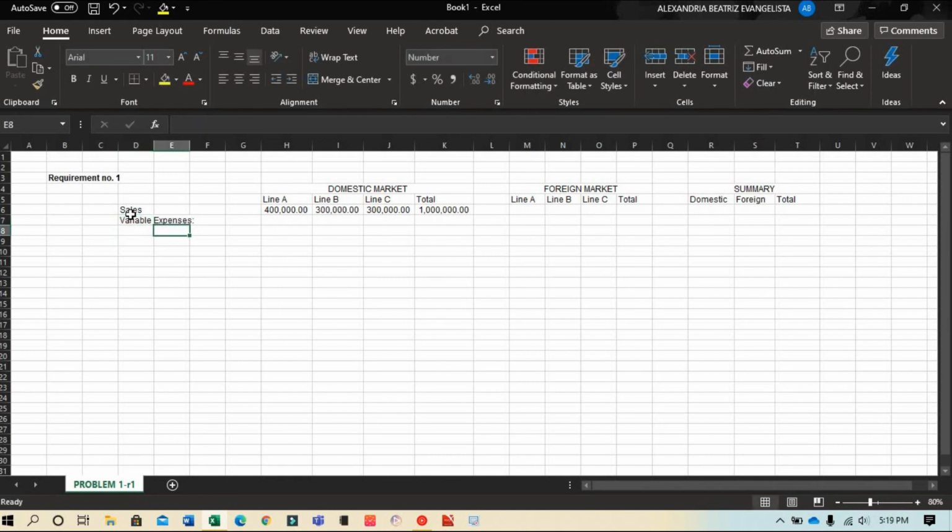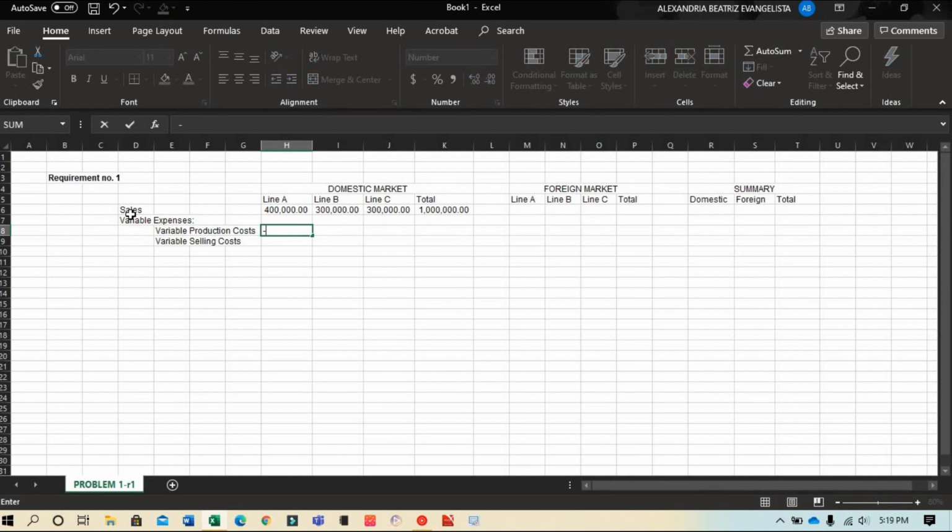Under the variable expenses, we have the variable production cost, and then we have the variable selling cost. So for line A, the variable production cost is 60% of the sales.